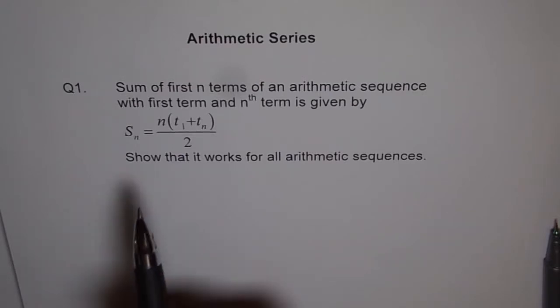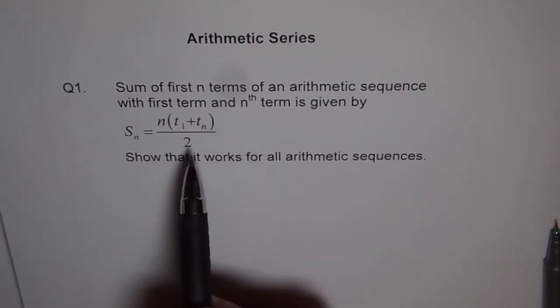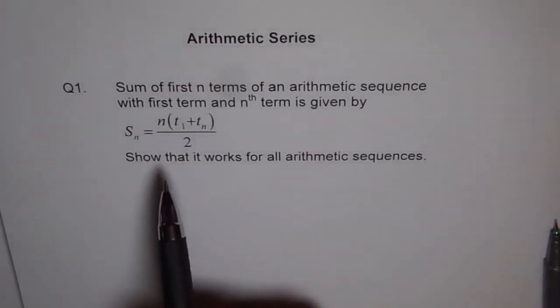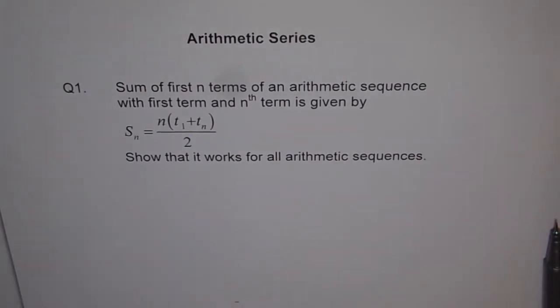So it is basically an arithmetic sequence whose sum we are interested in, the sum of n terms. Let's see how it goes. We'll take very simple examples so that we get the concept.